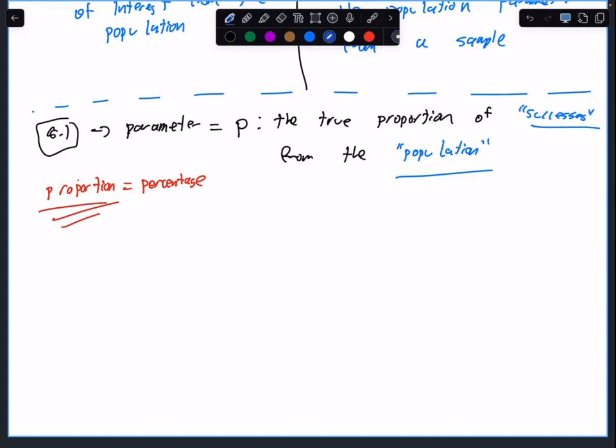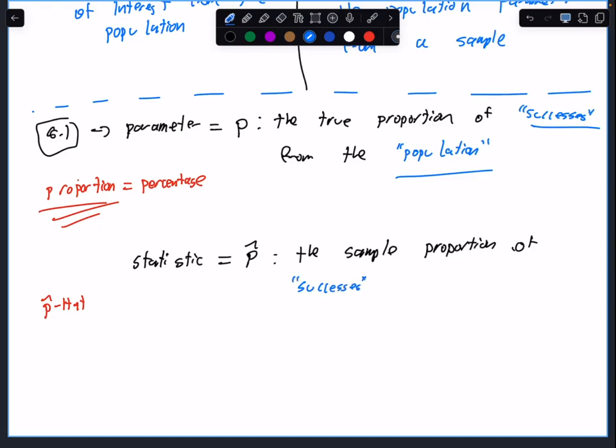The parameter. Sorry, the statistic that we are going to be studying is P hat, and this is pronounced P hat. It is the sample proportion of successes from the sample.